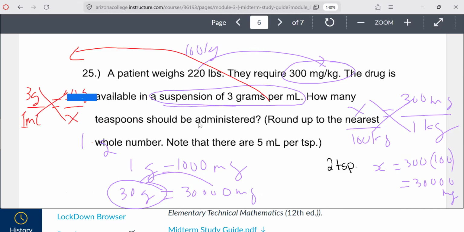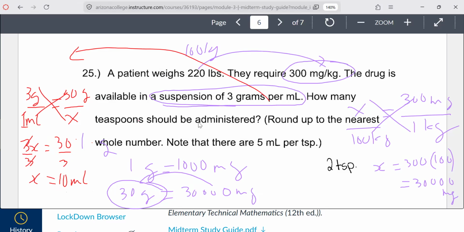Cross multiply. 3 times x is 3x equals 30. Divide by 3, divide by 3. So x equals 30 divided by 3, which is 10. So I have 10 ml.